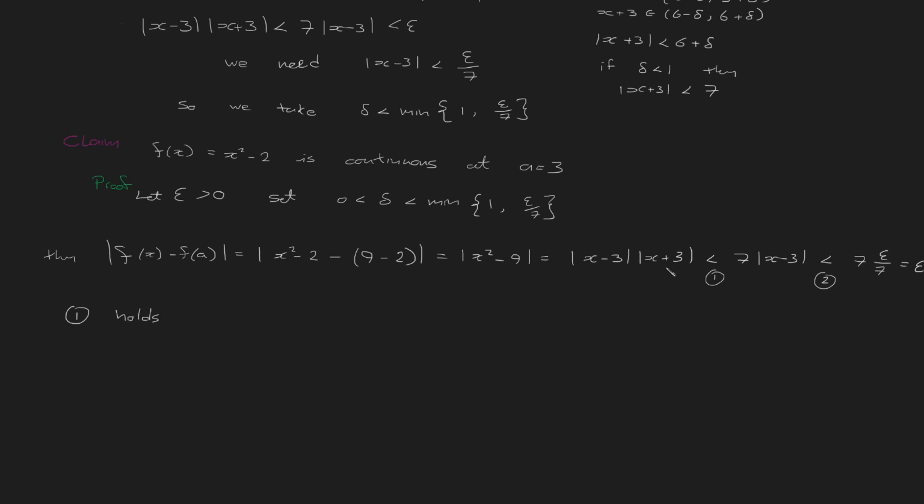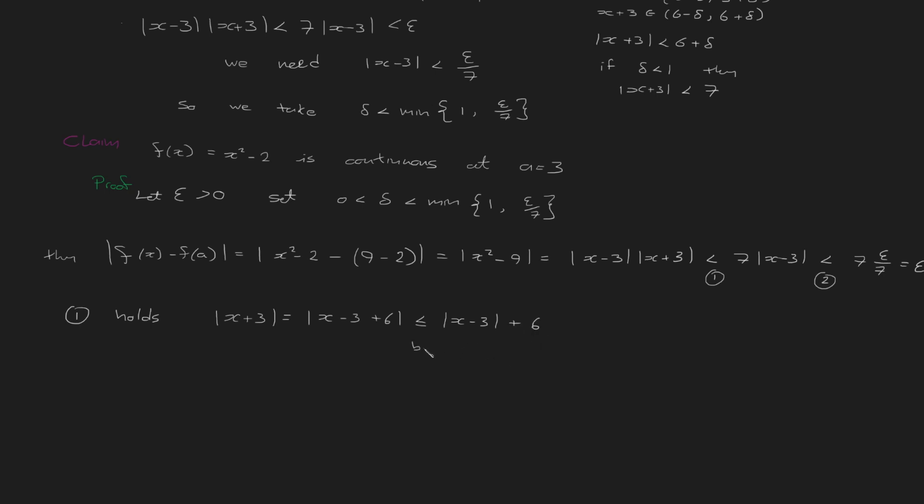So 1 is looking at the inequality involving the absolute value of x plus 3. So we can examine that inequality in the way that we had. So x plus 3, that is equal to x minus 3 plus 6, and then that is less than or equal to the absolute value of x minus 3 plus the absolute value of 6.